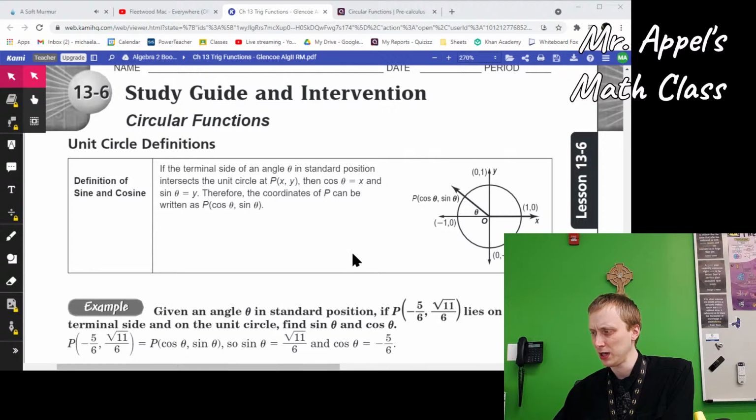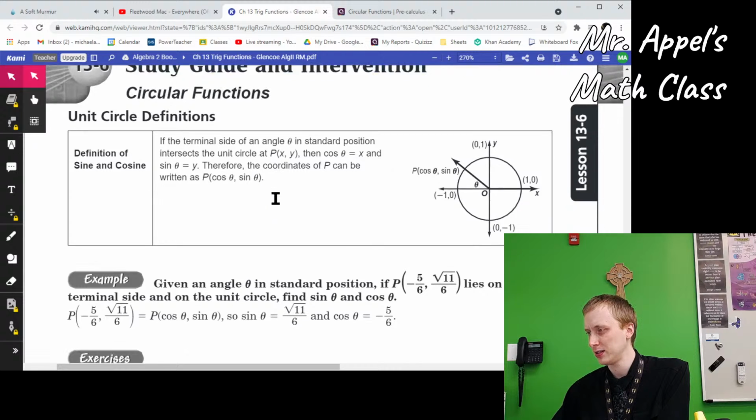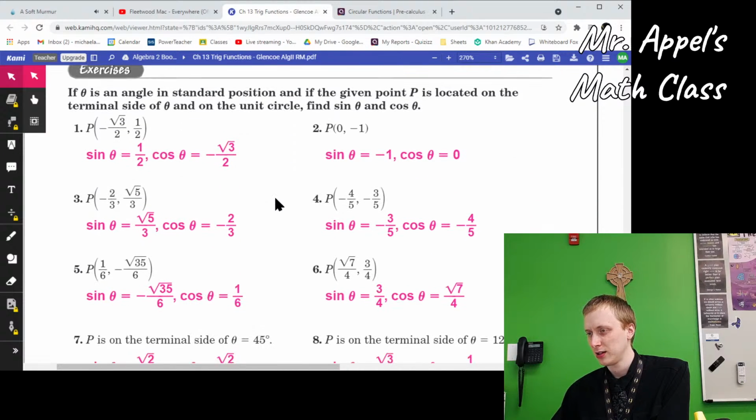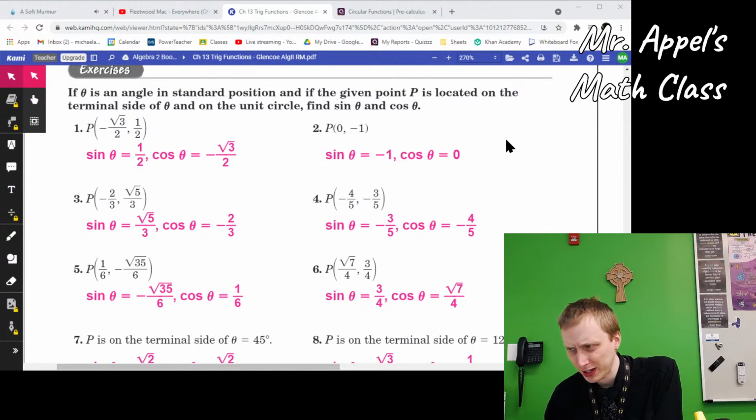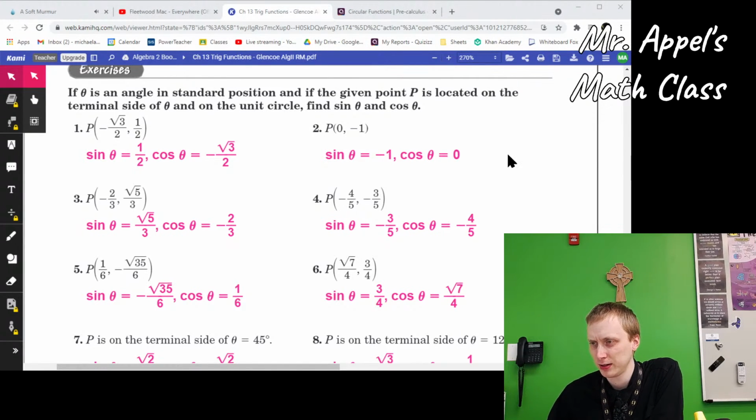Let me get the answers on screen. That's the one. So here we go. Circular functions 13.6. Here are the first set of answers there. Go ahead and check your work.